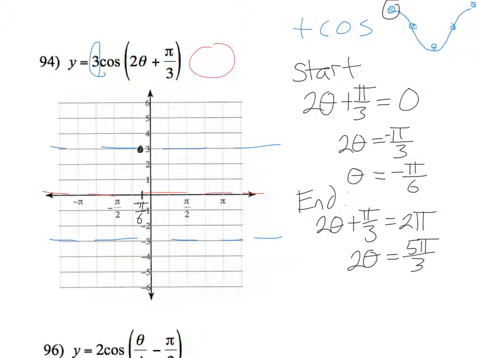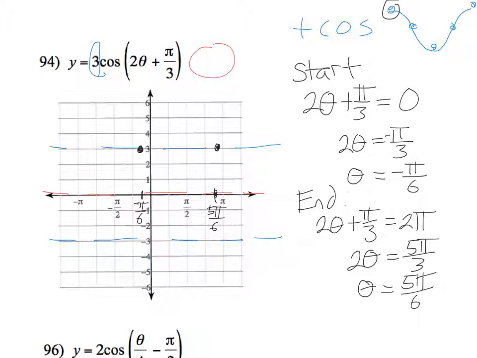When I divide by 2, that's going to be 5 pi over 6. 5 pi over 6, that's going to be right there, right before pi. And that's going to be at the top of that 2.